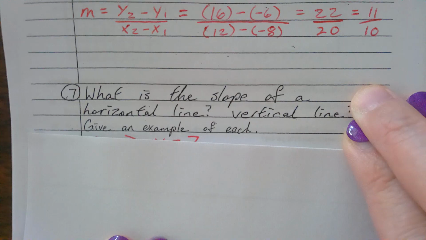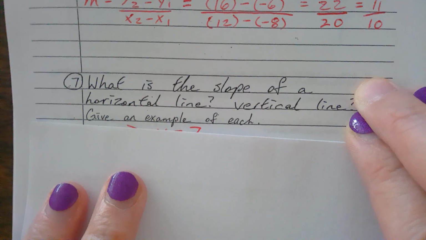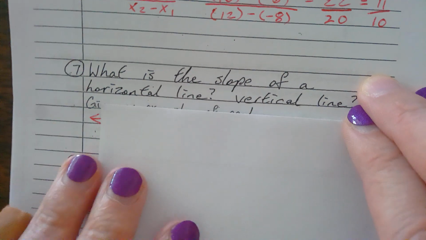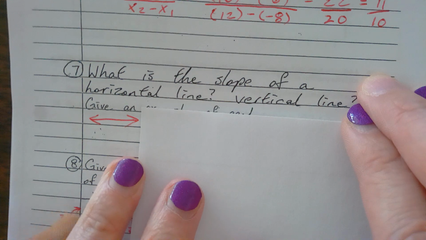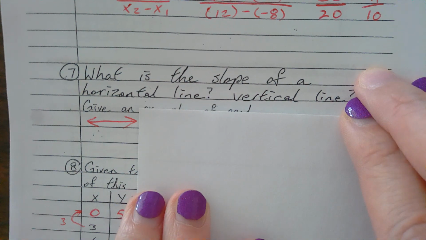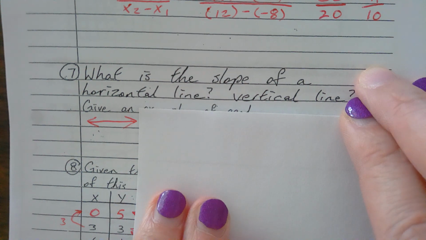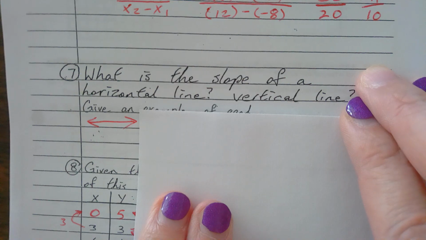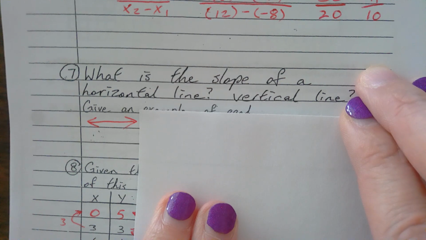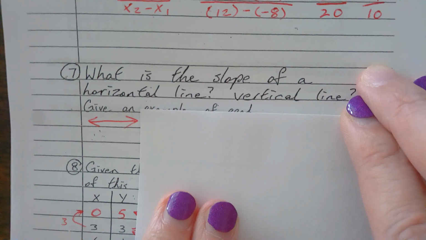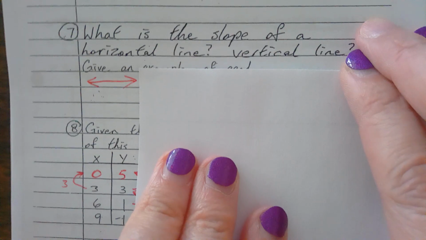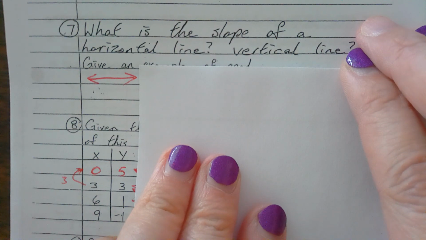Let's say Isabella, horizontal line. What is the slope of a horizontal line? M equals 0.